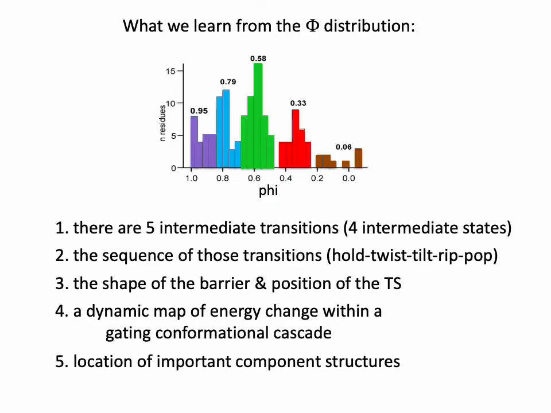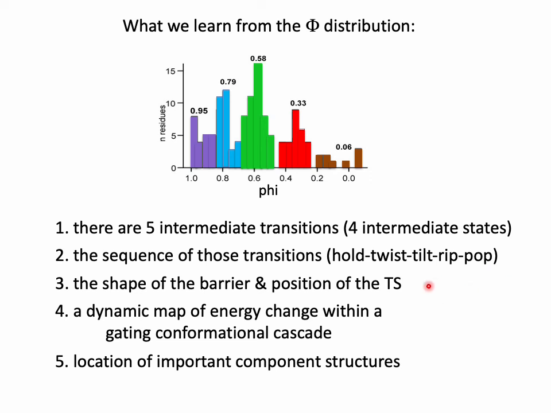So this is the end of the second part of the 4th chapter, which is what we learn from the Phi distribution, or how we interpret the Phi distributions. There are 5 intermediate transitions, 4 intermediate states. We learned the sequence: hold, twist, tilt, rip, and pop. And of course, in channel closing, it's the reverse sequence: pop, rip, tilt, twist, and hold, going backwards.